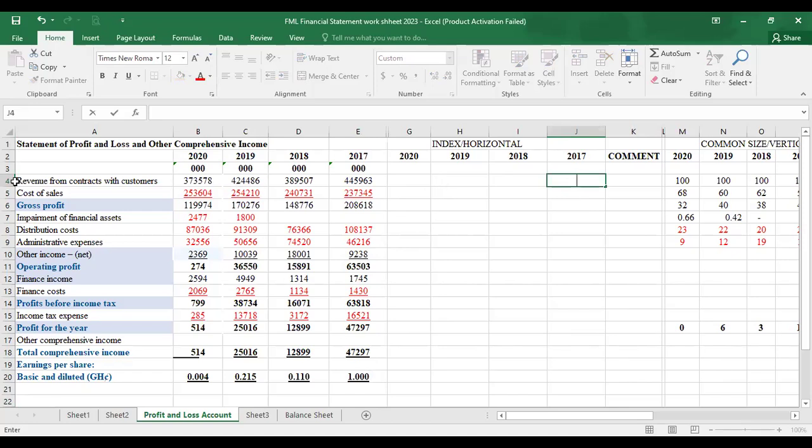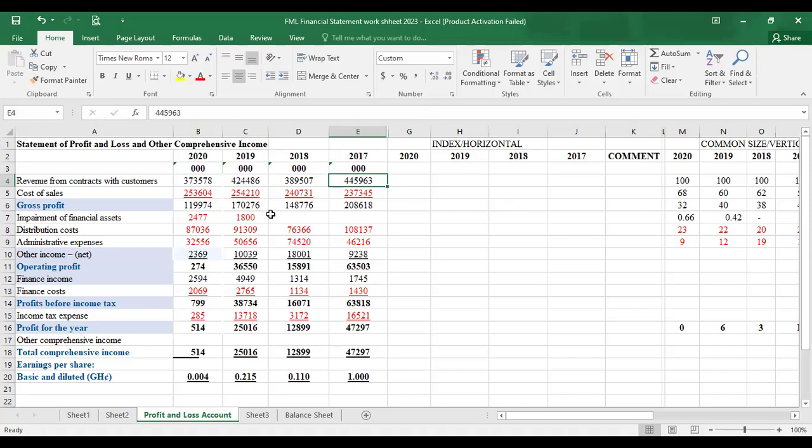So when we pick revenue, we'll compare the revenue of 2020 to revenue of 2017, revenue of 2019 to revenue of 2017, revenue of 2018 to revenue of 2017. When we do that, we are doing a single or fixed year trend analysis. We have picked one particular year to be our base. The common one that is done is a moving trend analysis, where the immediate previous year becomes the base for the current year.